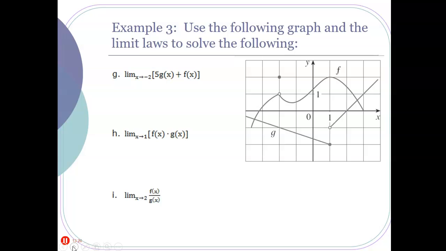So the limit as x approaches negative 2 of 5 g of x plus f of x is similar to saying 5 times the limit as x approaches negative 2 of g of x plus the limit as x approaches negative 2 of f of x. So that limit essentially can be distributed into the problem.